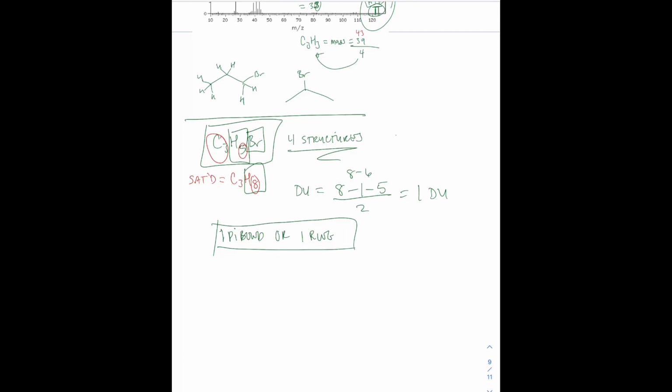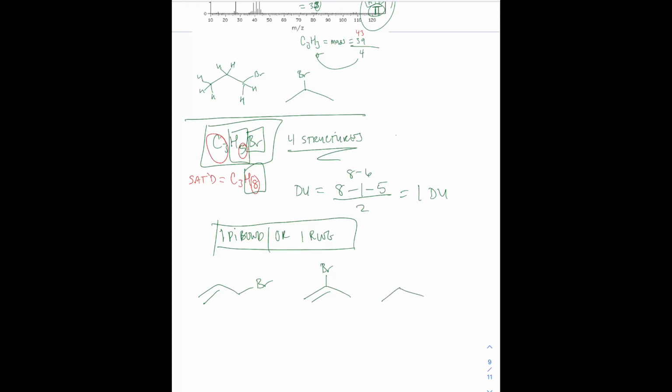Well, what I would do first is just draw a straight chain and create a pi bond. Okay, so we could put that pi bond on either side, it doesn't matter. But now we want to put a bromine somewhere, and that should take care of one of our structures. Now we have pi bond in that same spot, and we can move that bromine to this middle carbon.